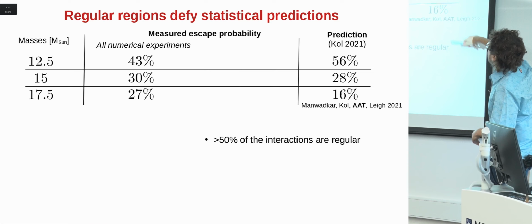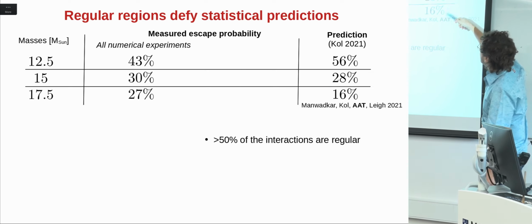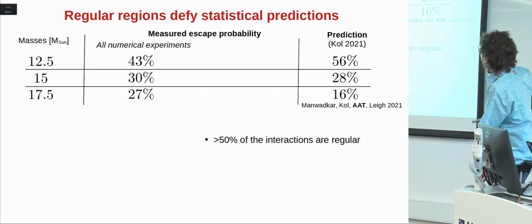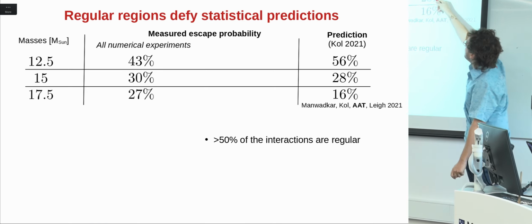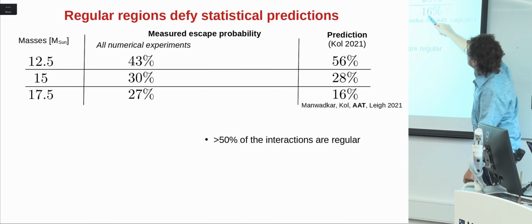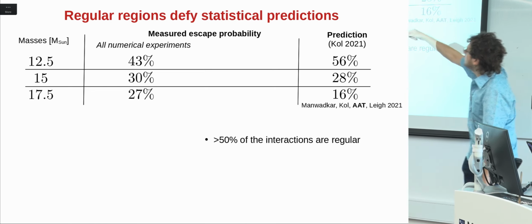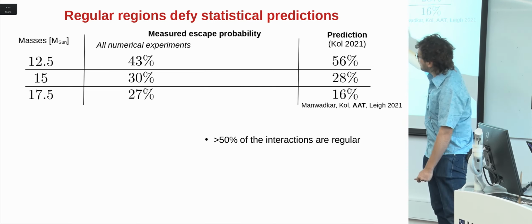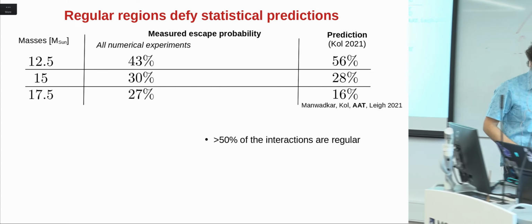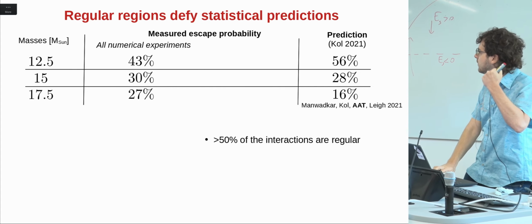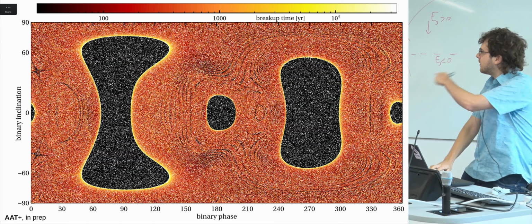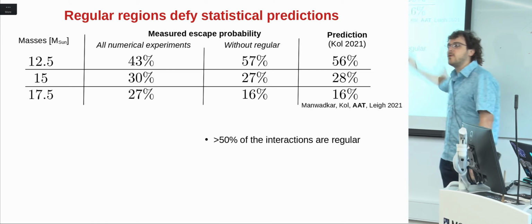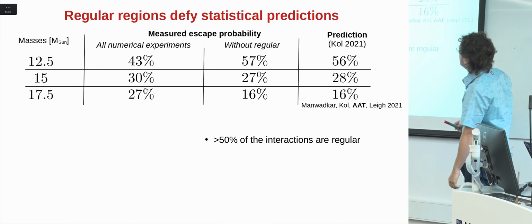But a statistical escape theory, like a recent one produced by Fractal, a collaborator of mine, says you should have 56%, 28%, and 16% for the smallest to the highest mass escaper. If we take all the numerical experiments, that is not what we observe. But if we remove all these regular islands, the result is much better and matches the predictions quite well.